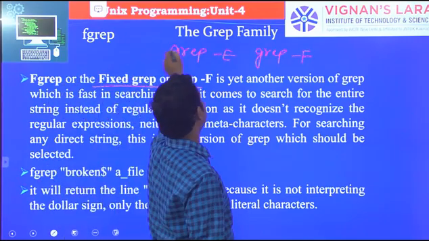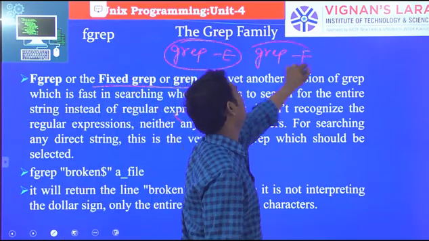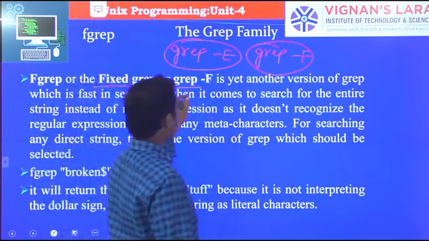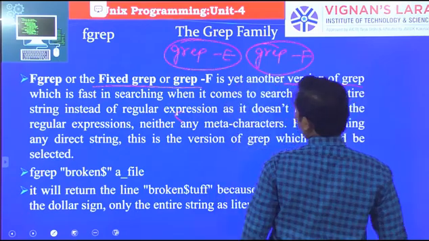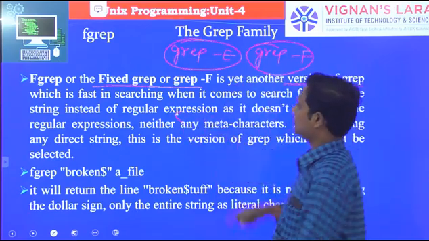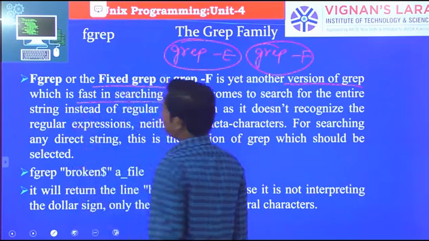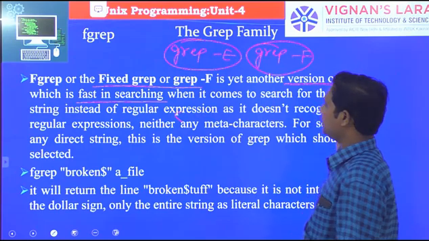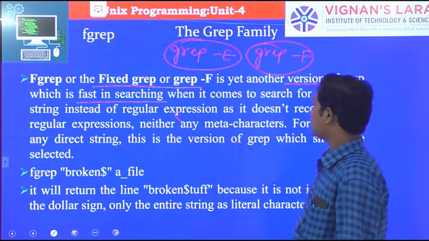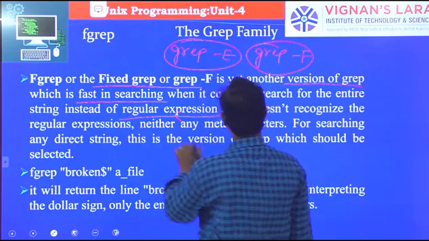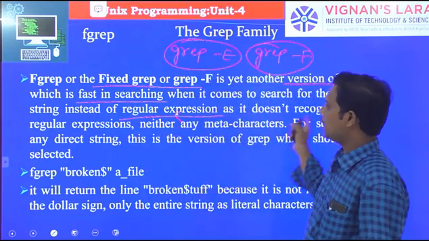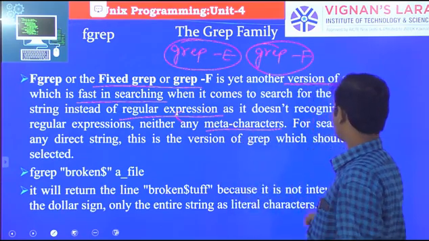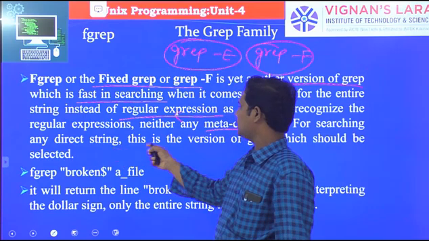So both are the same. fgrep, fixed grep, is the version of grep with fast searching. Compared to other searches it is fast when searching for an entire string instead of regular expressions. It doesn't recognize regular expressions or meta characters when searching for a direct string.